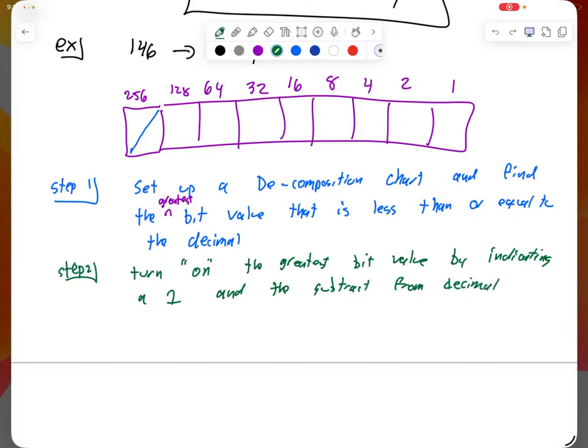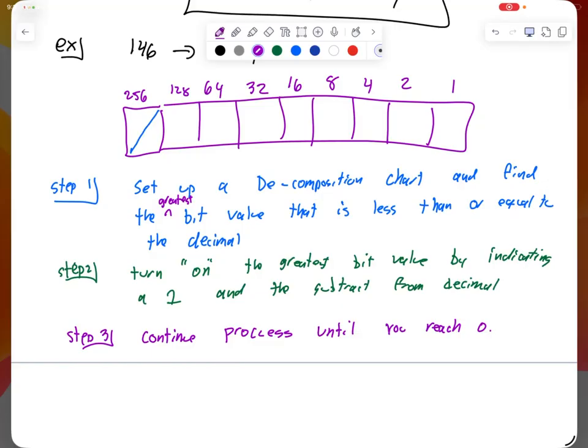Step 3: Continue the process until you reach 0. Okay, so we're going to continue this process until we reach 0.